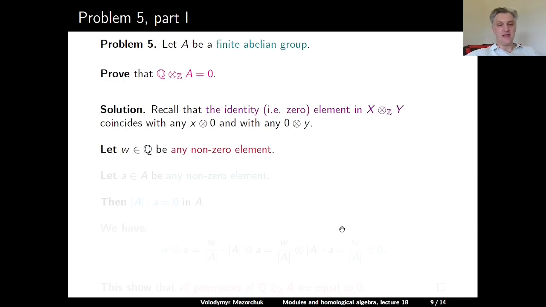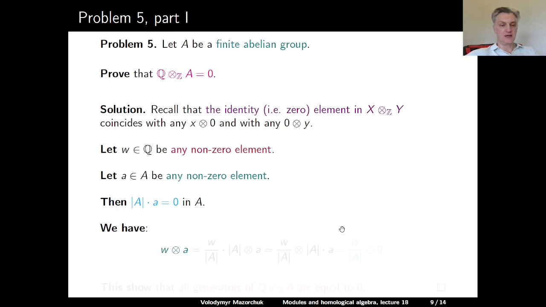Let w be any non-zero rational number, and let a be any non-zero element in our finite abelian group A. Then, by Lagrange theorem, if we take our element little a and multiply it with the cardinality of the group, we will get the zero element in our abelian group capital A. So now let us do the following computation.